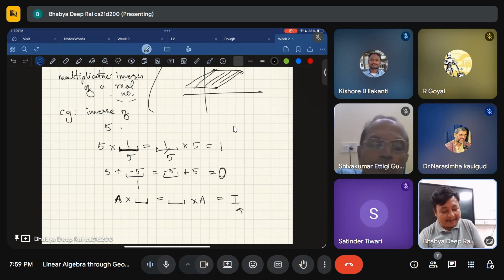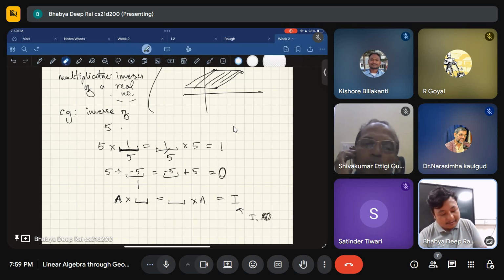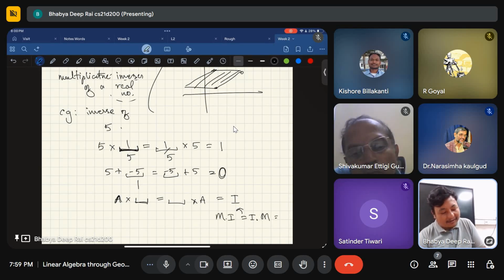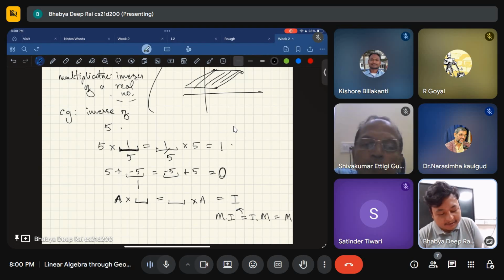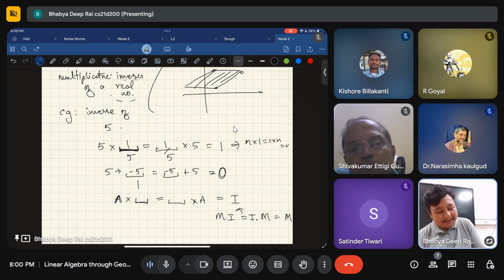Why is this the multiplicative identity? Because if I multiply I with any matrix M in either direction, I'll always get the original. Just like here, no matter what number I multiply with 1, I get the original number.